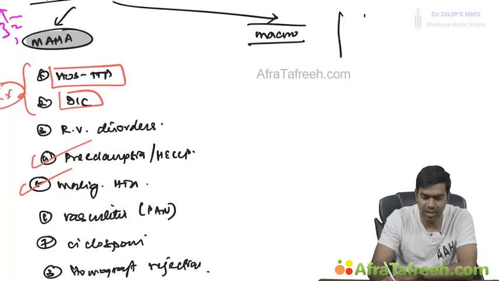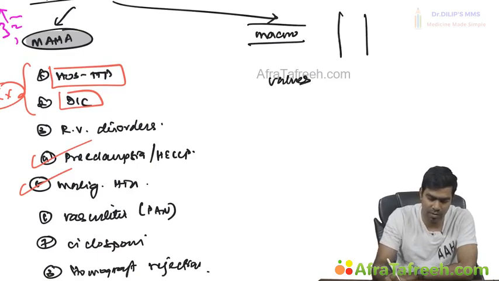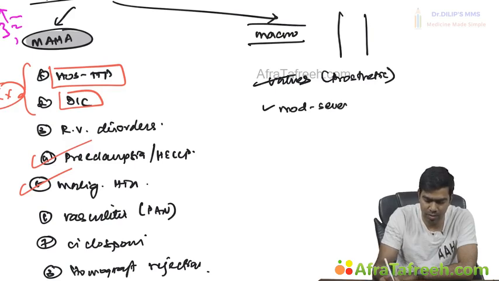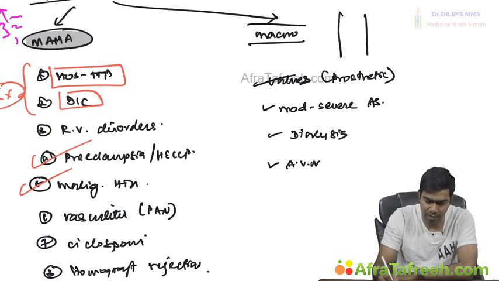In macroangiopathic hemolytic anemia, the RBC meets a rigid metallic structure, like heart valves, especially prosthetic heart valves. I'm not talking about natural valves, it's prosthetic heart valves. Then moderate to severe aortic stenosis, and it can happen when the blood is passing through a dialysis circuit, or if the patient has an AV malformation, or there is another entity called march hemoglobinuria.